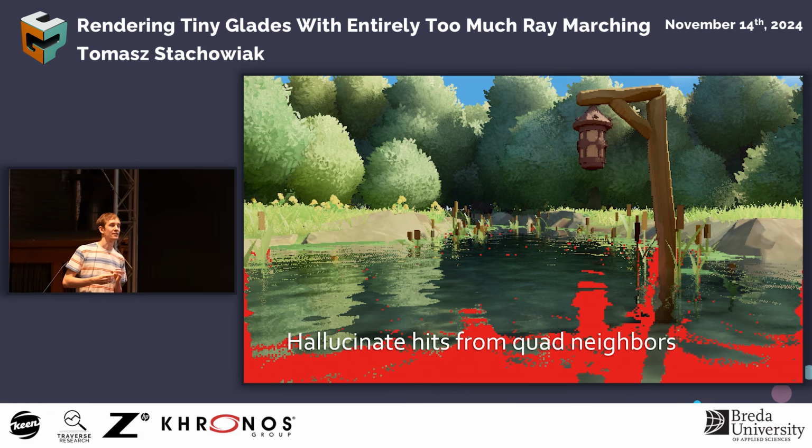And if at least one ray in a quad has hit something, we just assume, well, I'm guessing you're going to hit at the same distance. So we synthesize the hit point using those, which also gives a nice benefit in that whenever misses happen, they actually happen for the entire quad, which means that we can ray trace at half resolution, which is what we wanted from the start.